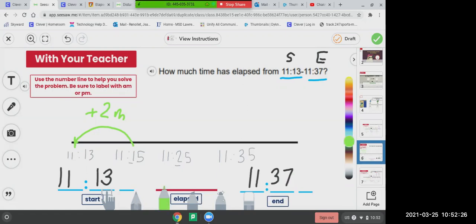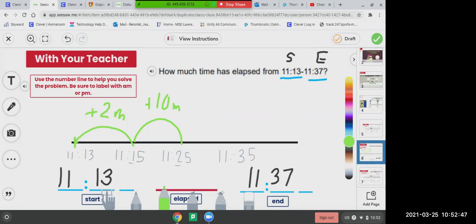Perfect. So now I can show that I'm going to do a jump of 10 minutes, plus 10 minutes, from 11:15 to 11:25.